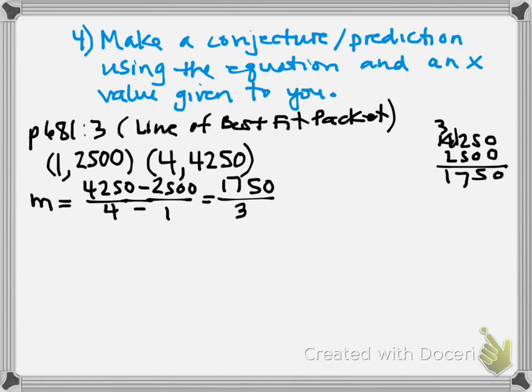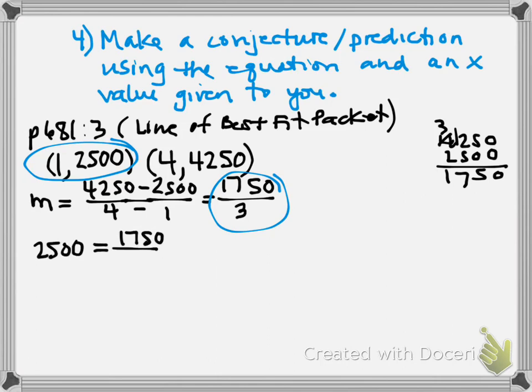So now I'm going to use that slope value, and I'm going to pick one of the coordinates. Let's pick this one because the numbers are smaller, and I'm going to plug it into y equals mx plus b. So the y value is the 2500 equals the slope, which is the 1750 thirds, times the value 1 plus the b.